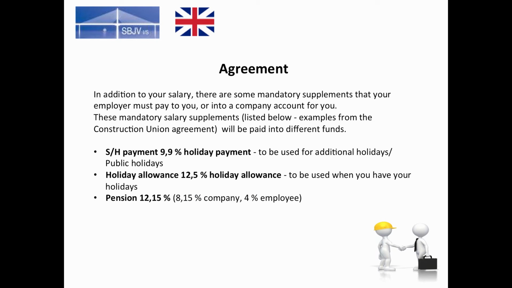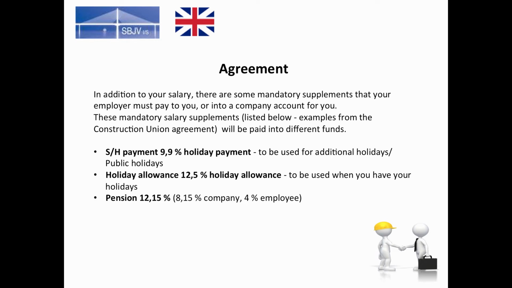Agreement. In addition to your salary, there are some mandatory supplements that your employer must pay to you or into a company account for you. These mandatory salary supplements listed below, examples from the construction union agreement, will be paid into different funds.